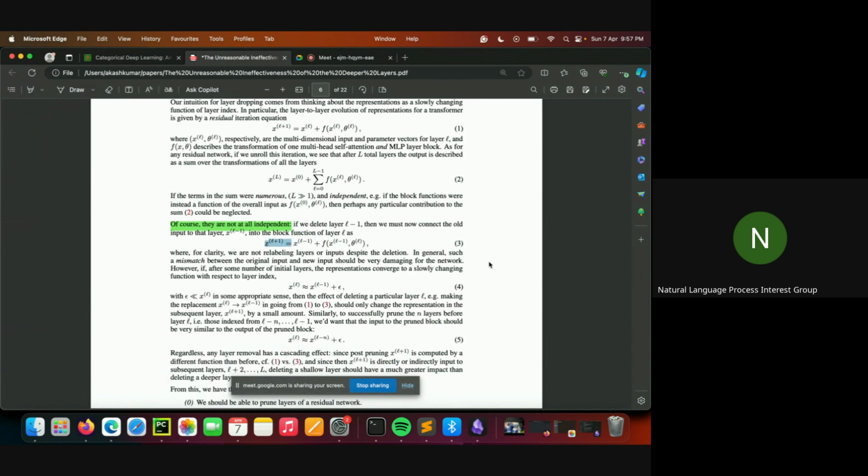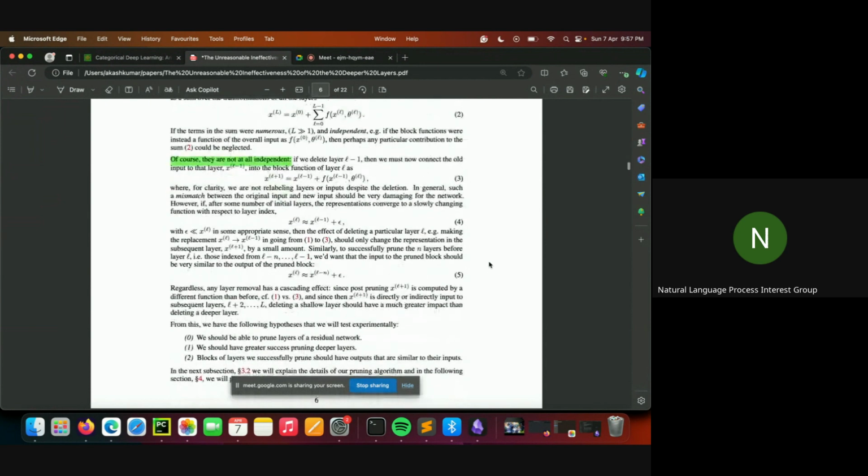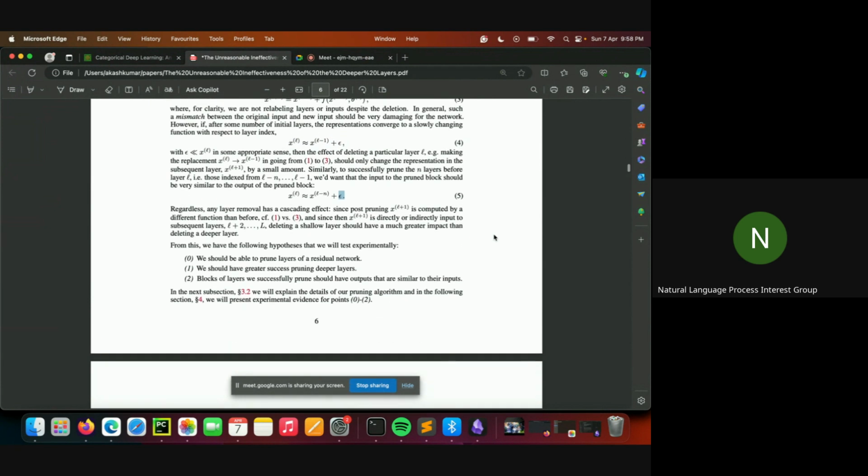So in this way, let's say if we have 10 layers and we remove layers number 4 and 5, then the output of layer 3 would be the input to layer 6 now. And they're assuming that this would induce some sort of error. So the idea is, what is the number of layers that they can remove such that this error that is induced stays reasonable.